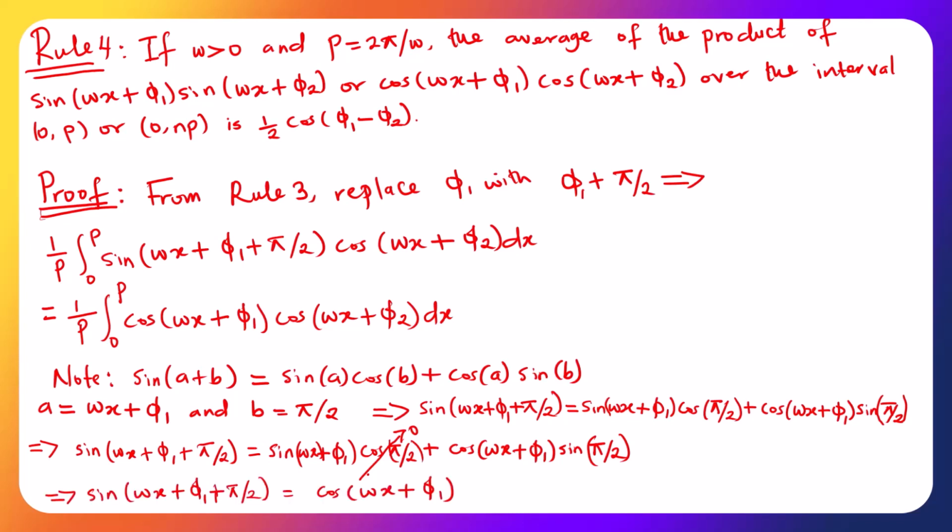So the expression reduces to sine of omega x plus phi 1 plus pi over 2, which is equal to cos of omega x plus phi 1. And this is the expression we have over there circled in blue.